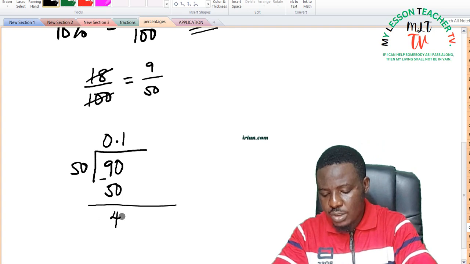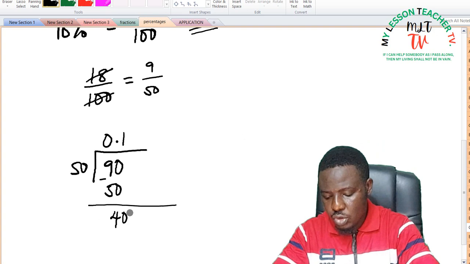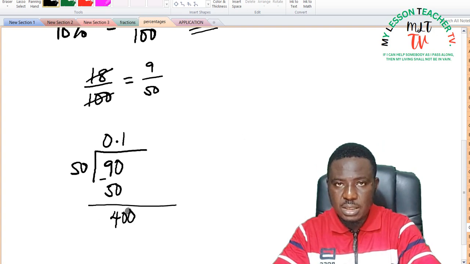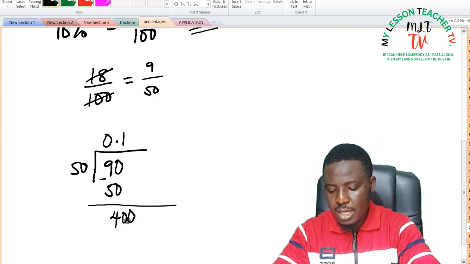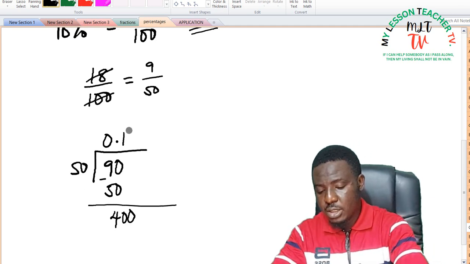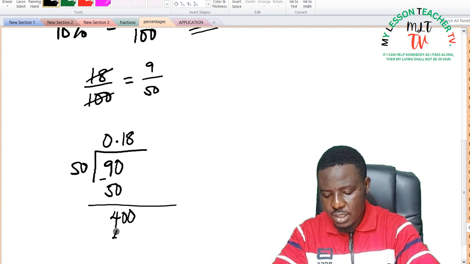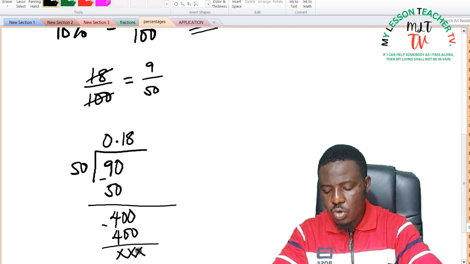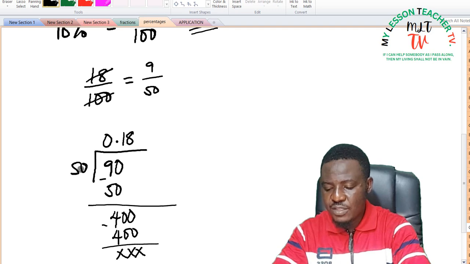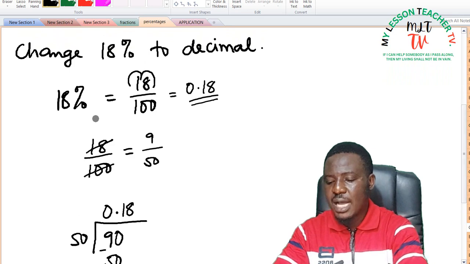This becomes 40. 50 into 40, you cannot, you add a 0, and this gives you 400. 50 into 400 is said to be 8, and 8 times 50 gives you 400. When you subtract, it gives you 0. So that 90 divided by 50, or 9 divided by 50, is said to be 0.18, which is same thing as what I got at this point.